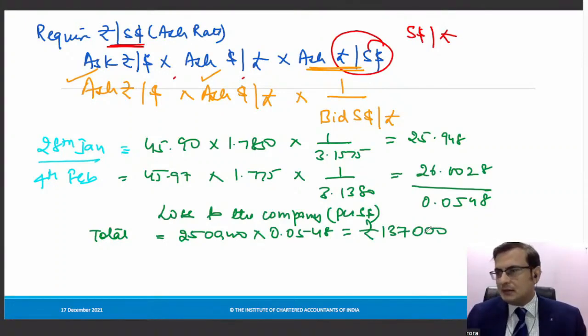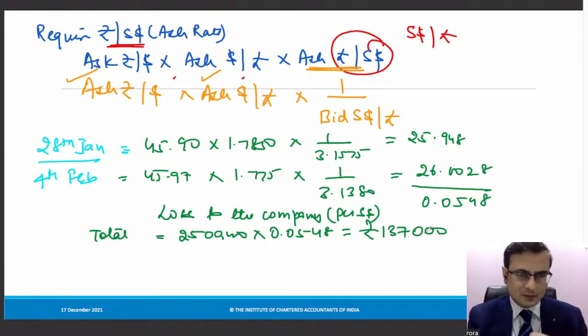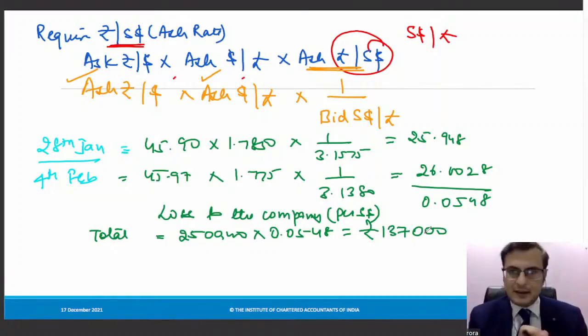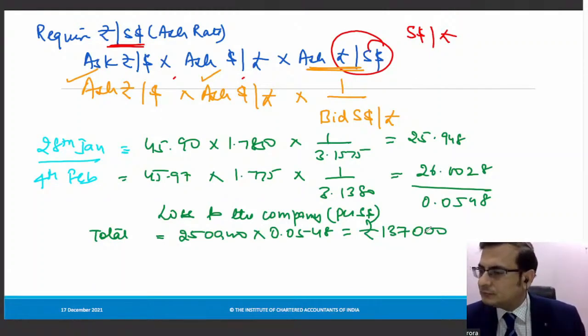Very good, Sampada. The first one is not that. Let me just check. 45.9 into 1.785, divided by 3.1575. I hope that's correct now.